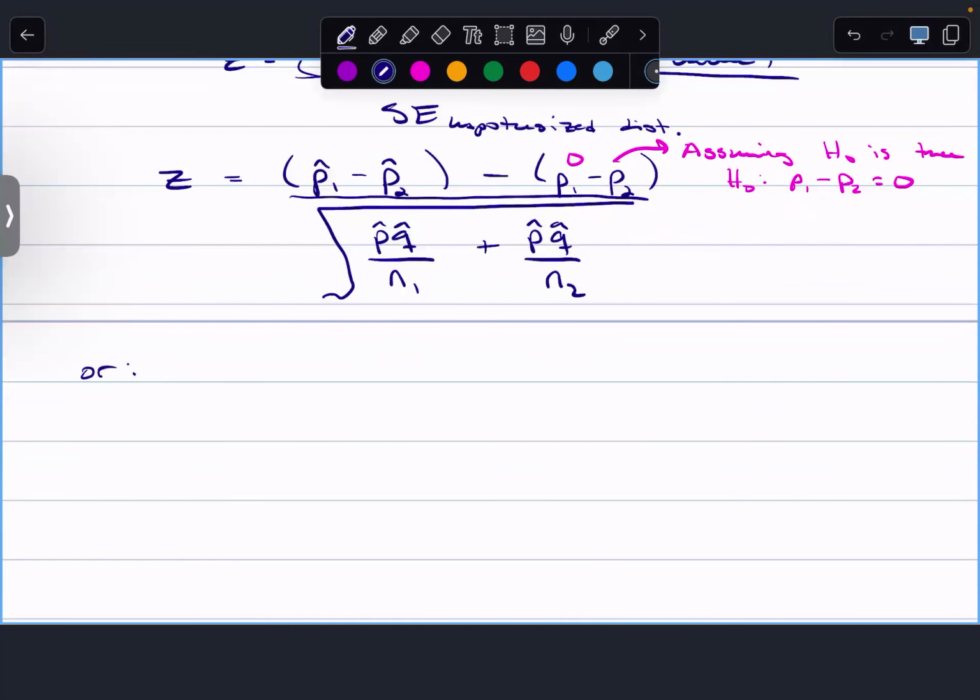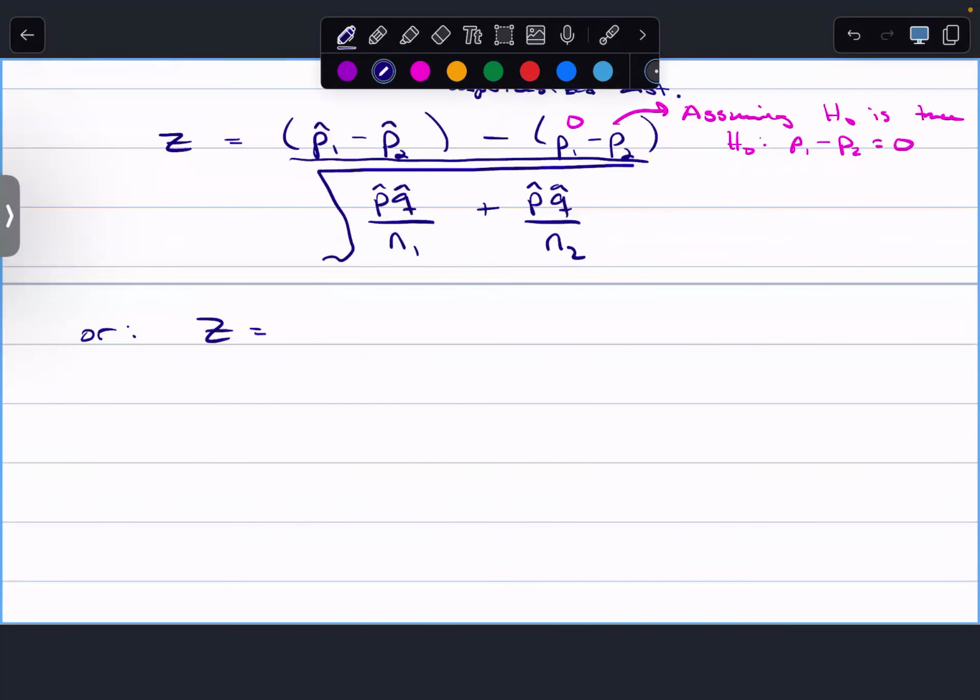Or if you prefer, Z is going to be p1 hat minus p2 hat, minus 0, and I can pull out this common multiple and only do it once. It doesn't matter. If you prefer this way, that's fine.